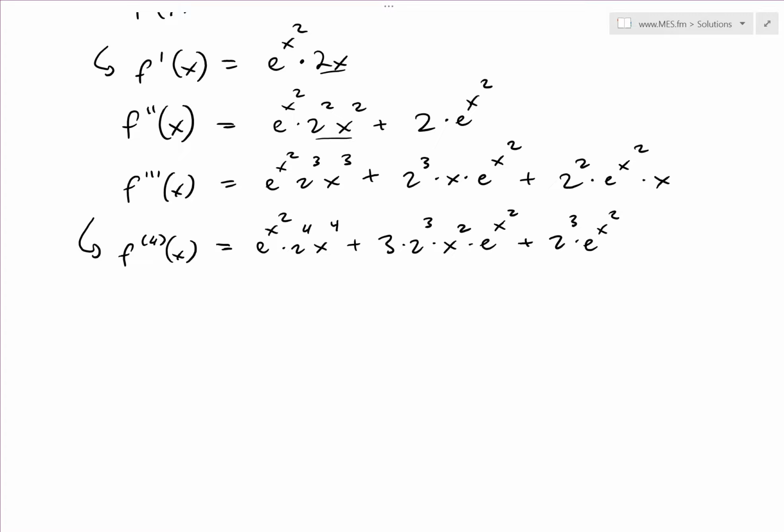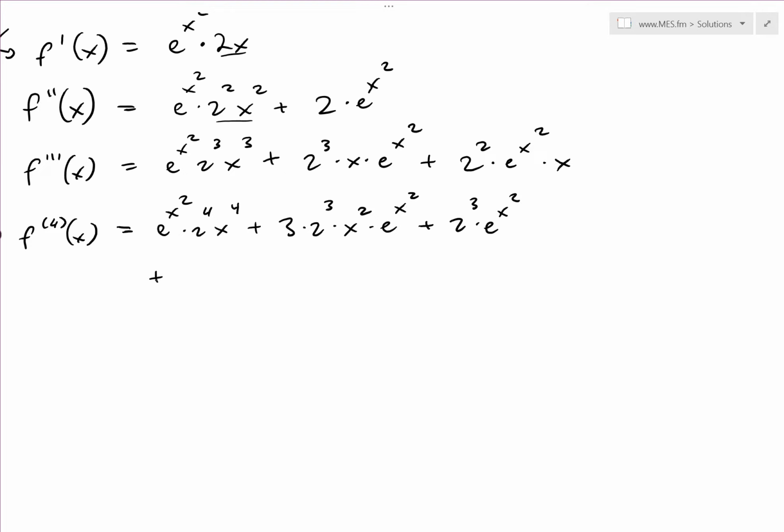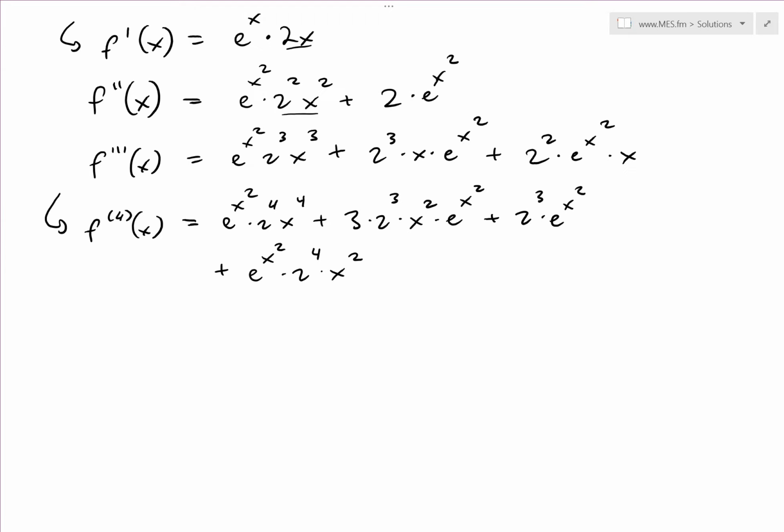And now using the product rule, we have to do the derivative of this part, and I'll just do that over here. That is just going to be e^(x²). Putting that 2 down, we'll have 2⁴, and then x, because it's 2x, x squared. And then we have the last part.